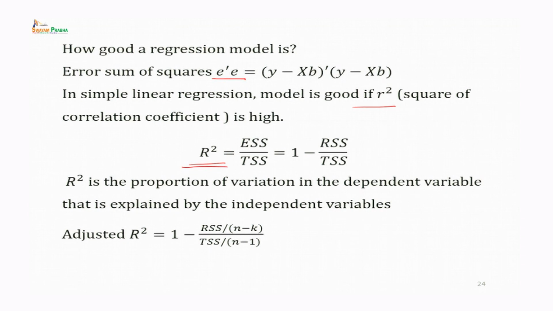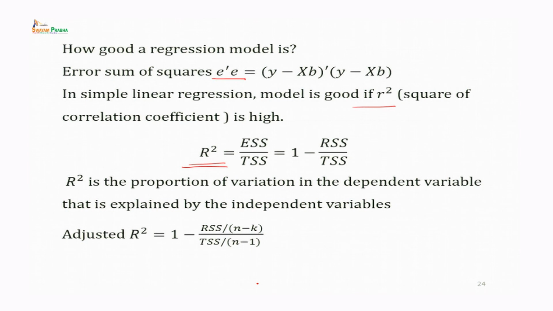This gives you the fraction of variation explained by the regression out of the total variation in y's. And whenever we add any variable, R square always increases. So, another measure is adjusted R square.